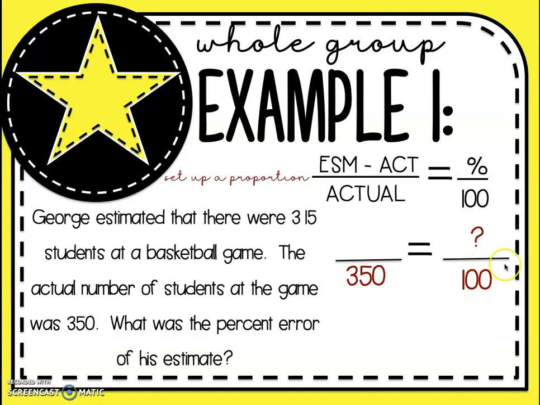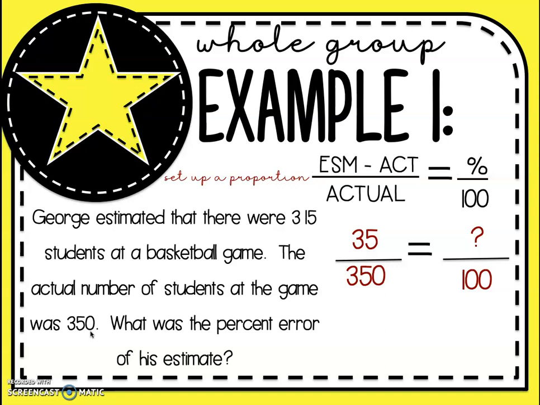We don't know what our percent is. That's what we're calculating, the percent error, so our percent is going to be a question mark in all of these examples. And to calculate our estimated minus actual, we take 315 minus 350, and the absolute value of that is 35. So the difference is 35.